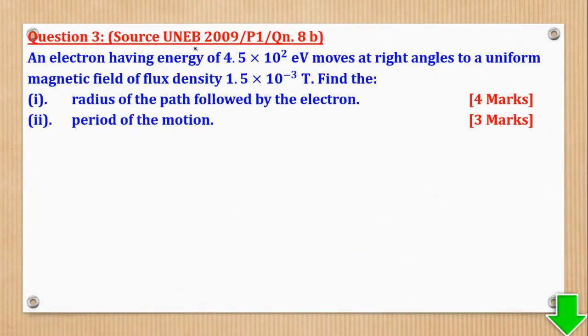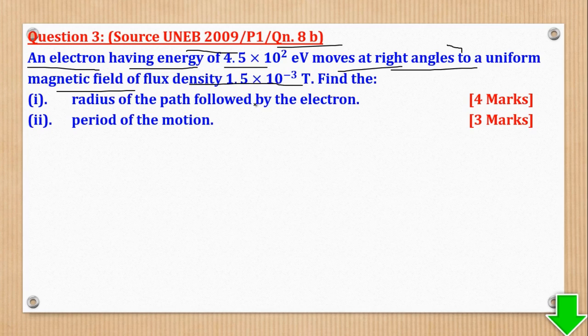Then question 3 came from UNEB 2009 paper 1 question 8b, and it says an electron having energy of 4.5 exponent 2 electron volt moves at right angles to a uniform magnetic field of flux density 1.5 exponent negative 3 Tesla.